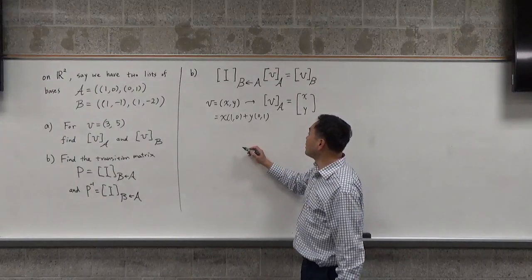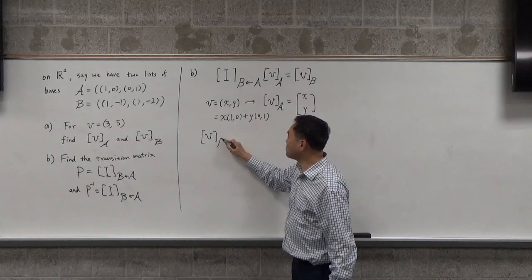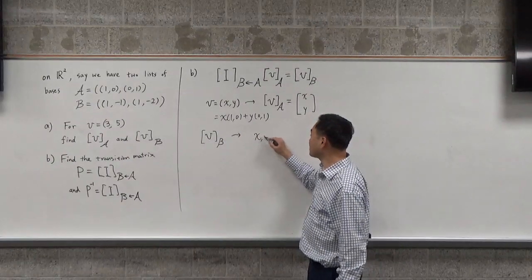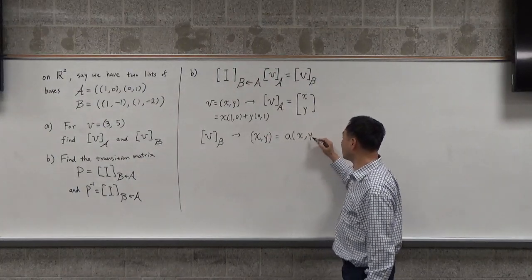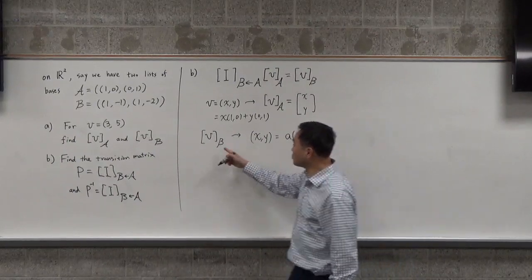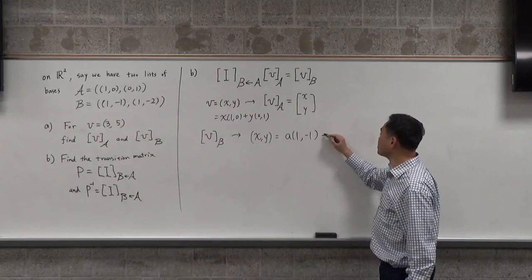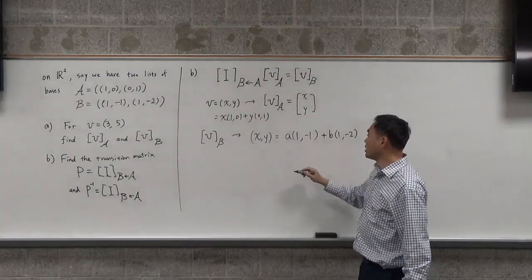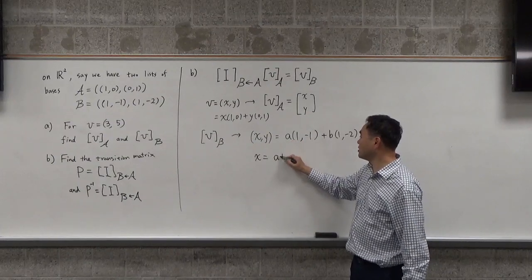But then, if I want v represented with basis vector b, now here's the trouble I have. I need to write x comma y as something times 1, negative 1, because we're trying to use b, and then b is this list, right? So I need a times 1, negative 1 plus b times 1, negative 2. And that gives you x equals a plus b.